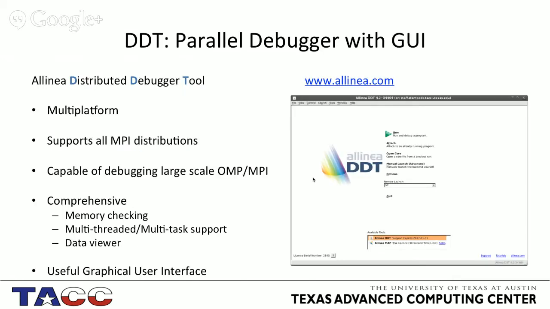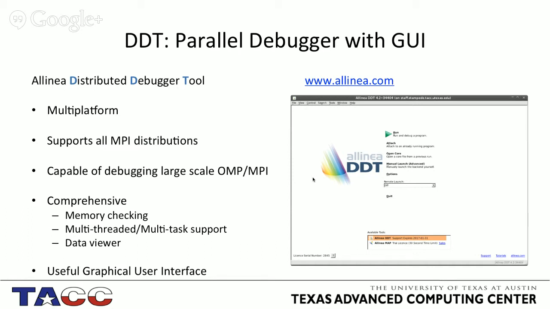Okay, so now we're going to talk about DDT. DDT stands for Distributed Debugging Tool. It's a tool from Allinea and it's designed to run on clusters. That's its primary purpose, to debug MPI and multi-threaded codes, or hybrid codes that are MPI and OpenMP.